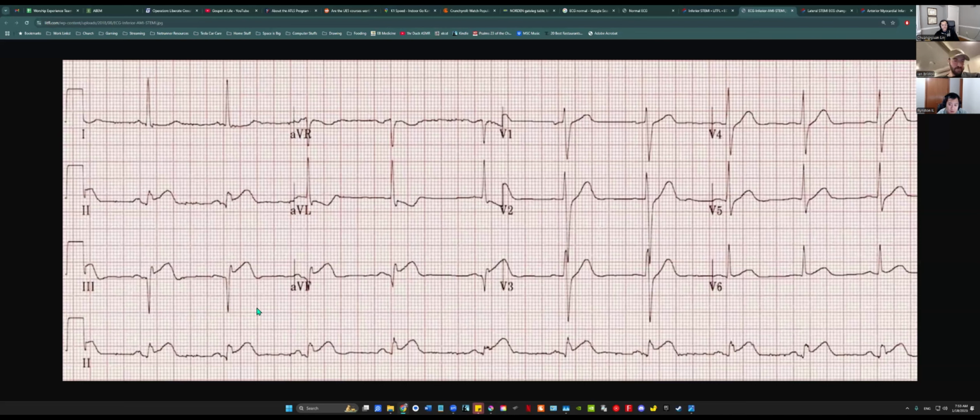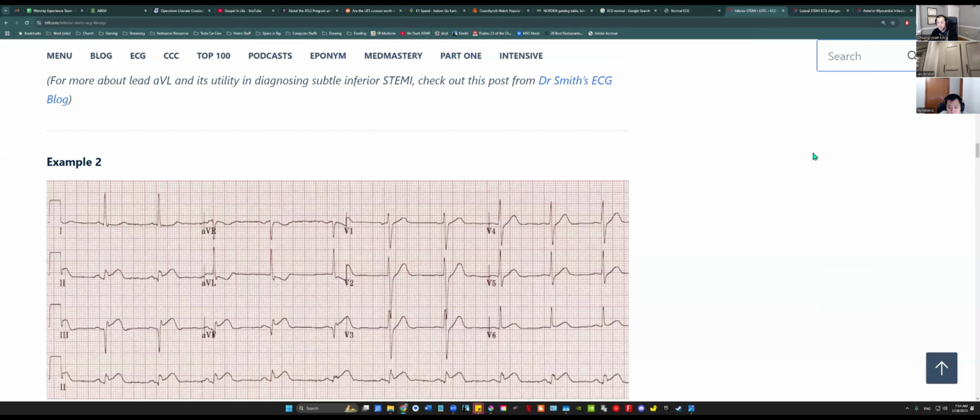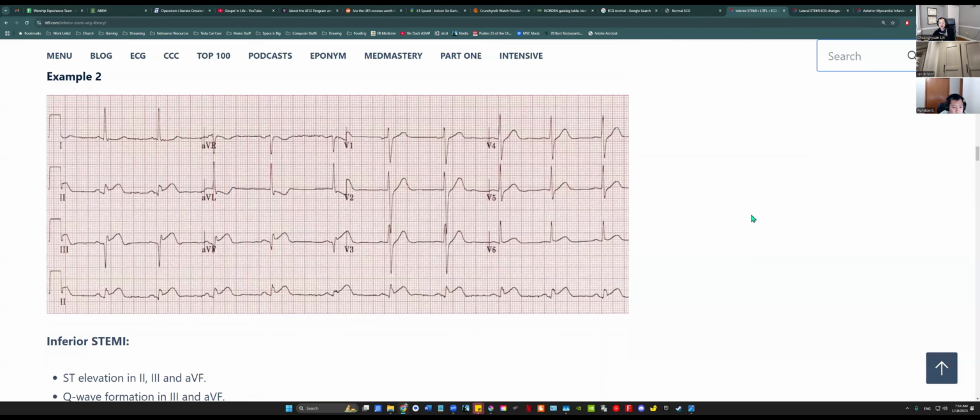So it would be inferior. This one is maybe 1.5 millimeters up, this is about 2 millimeters up, and this is about 2 millimeters up as well. So inferior ST elevation, left lateral reciprocal changes. Inferior STEMI.